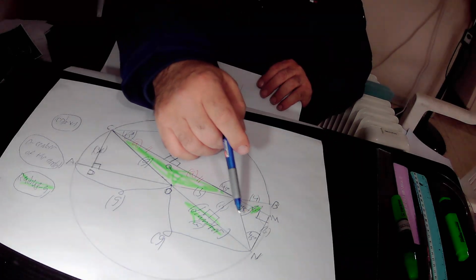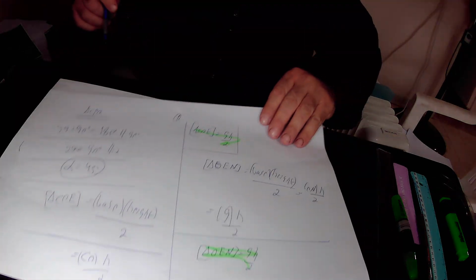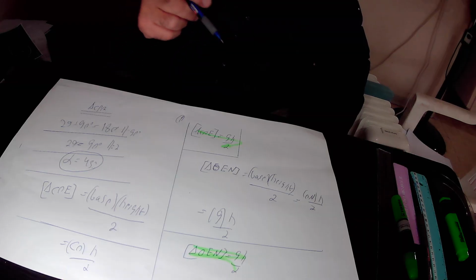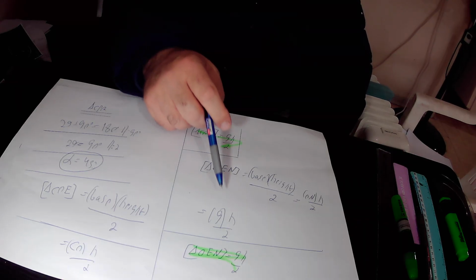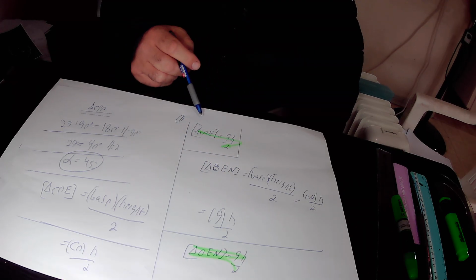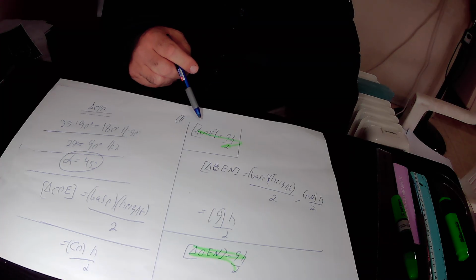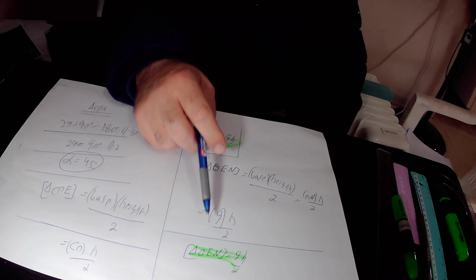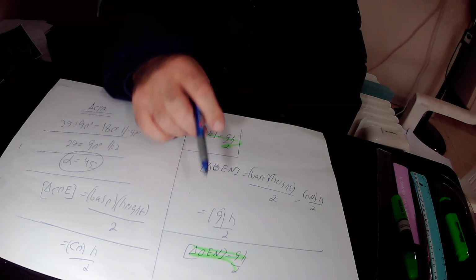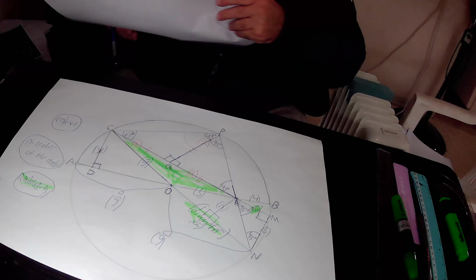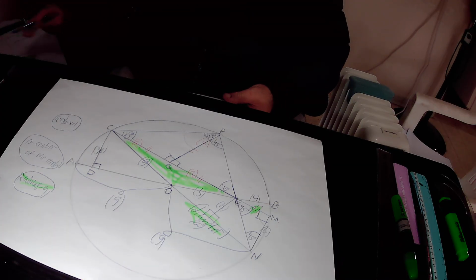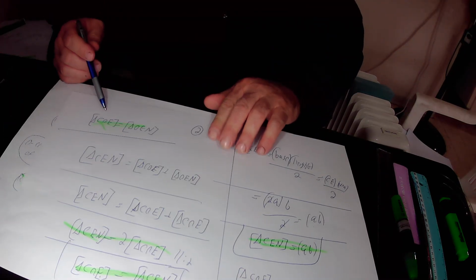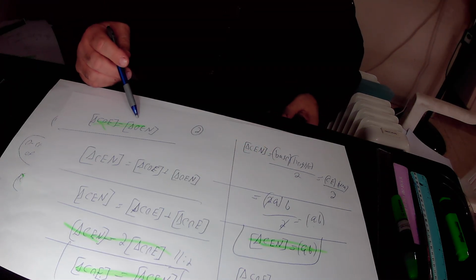ON is the radius of the circle, that is equal to 9. So we substitute ON by 9, and the area of the lower triangle OEN also equals 9H over 2, exactly like the area of the green triangle COE. Therefore, the area of the green triangle COE equals the area of the lower triangle OEN.